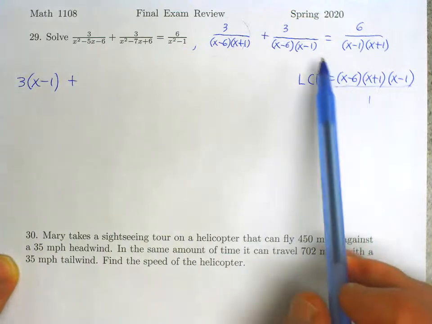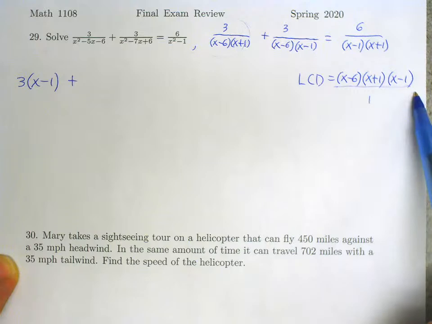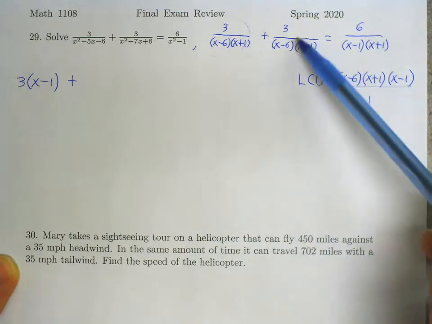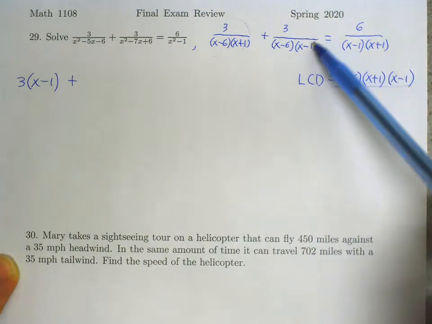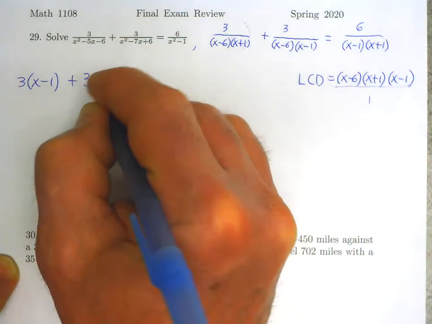Then we multiply the next term, 3 over x minus 6 times x minus 1 times the least common denominator. This time, x minus 6 cancels with x minus 6, and x minus 1 cancels with x minus 1. So we're just left with plus 3 times x plus 1.